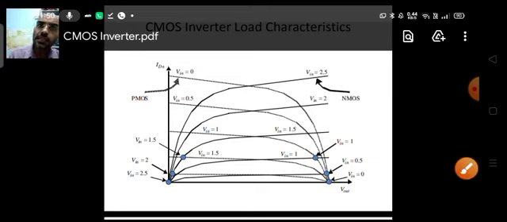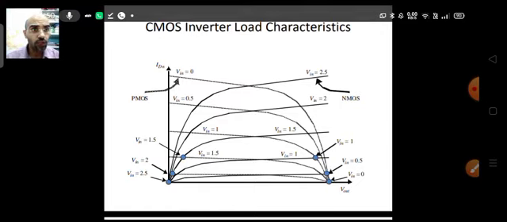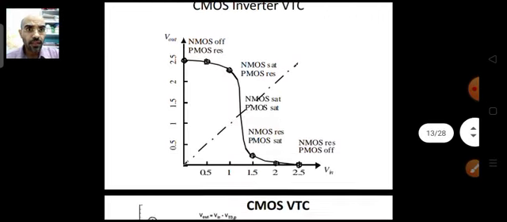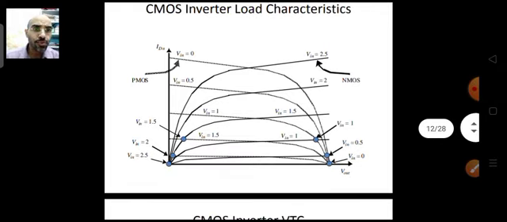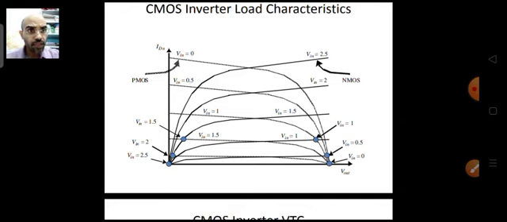Now, if we plot these intersection points together on one curve, what we are trying to do is plot the input voltages which we have seen here, 0, 0.5, 1, 1.5, 2, 2.5. This will become our input voltage.